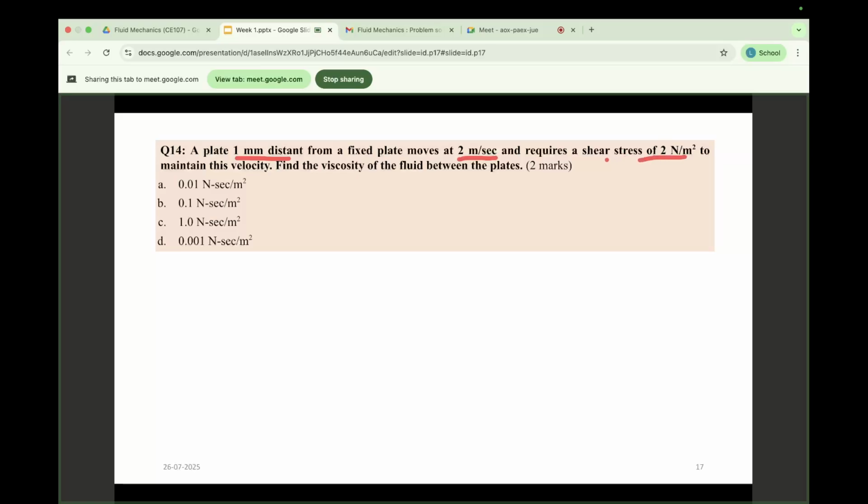You have studied shear stress, right? Nothing is mentioned about this fluid, so we have to assume this fluid as Newtonian fluid.